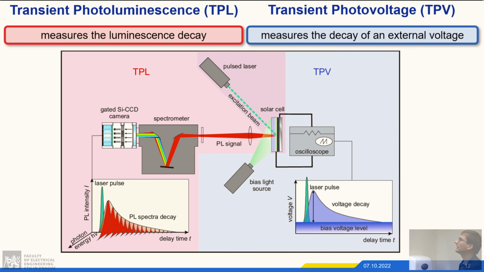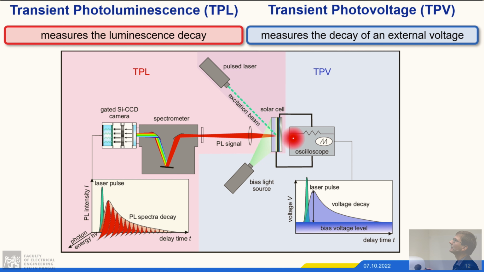And we'll now also look at transient photovoltage. So here you see a schematic of the setup that we're using for this. With a pulsed laser, we excite a solar cell or a film, yeah, but the solar cell is the more general case.